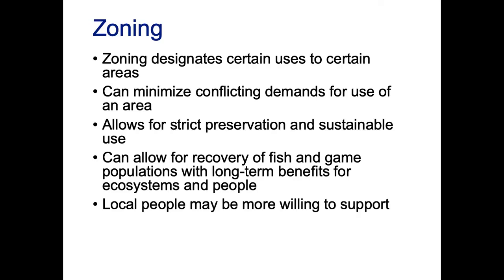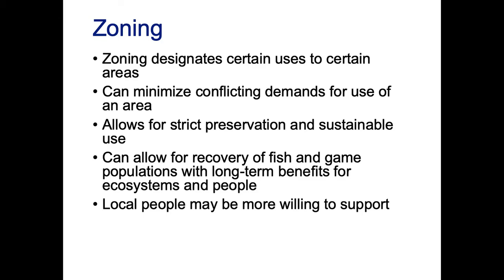Zoning is another important tool that we can use, and that's designating certain uses to certain areas. It can minimize conflicting demands for use of an area, and it can allow for strict preservation of particular resources in one place and sustainable use in another place.